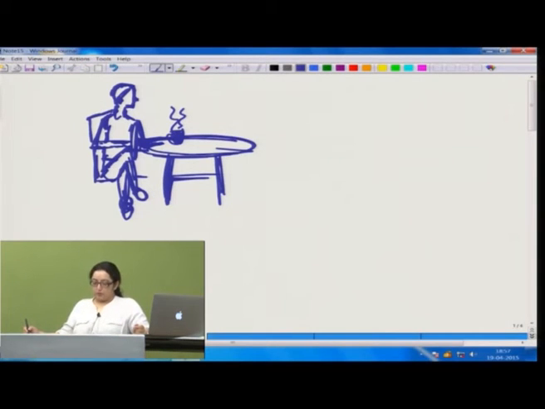Now, this is one part of the composition, but this is not a complete composition.